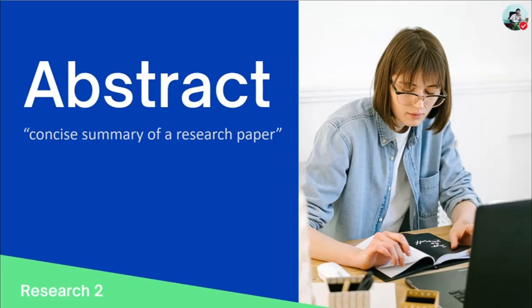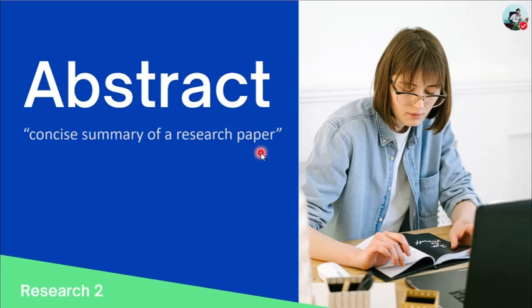So the other term for abstract is a concise summary of a research paper. This is the summary of your entire manuscript. For the full copy of your manuscript, it is condensed into a smaller version.